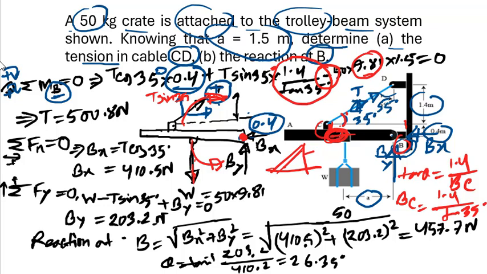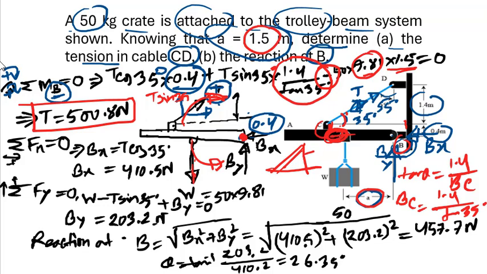The amount of A has been given as 1.5. After putting this, we get T equal to 500.8 Newton. Okay, now we get T, our desirable value.